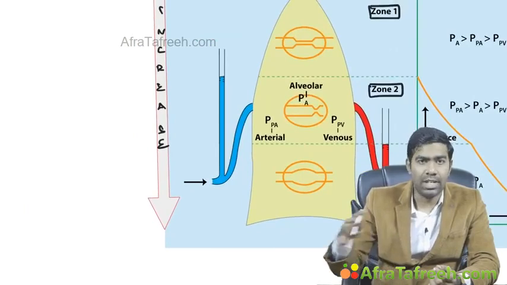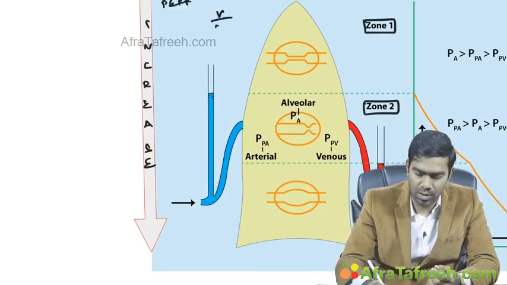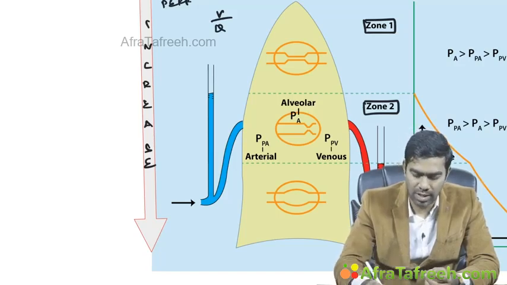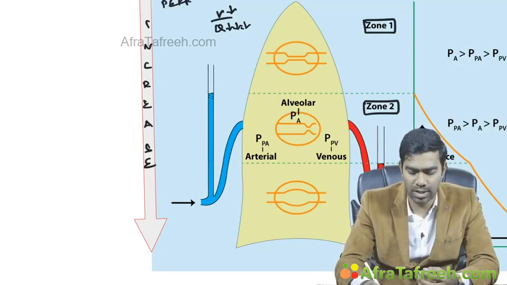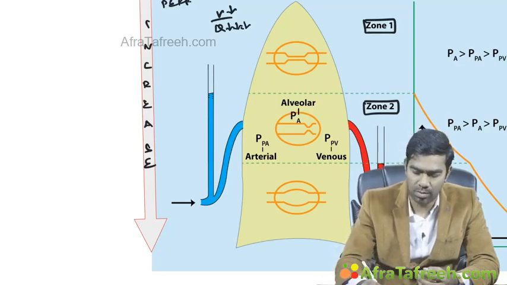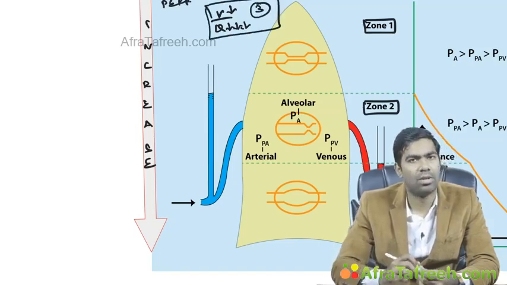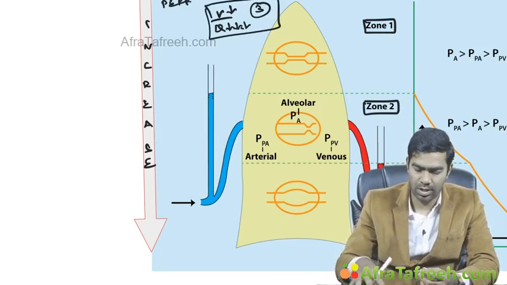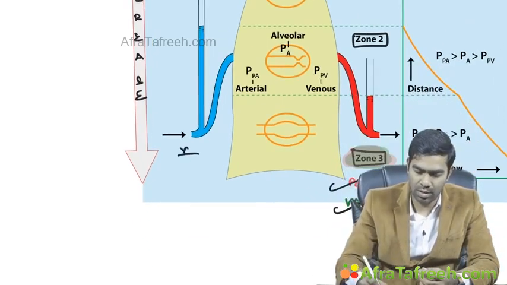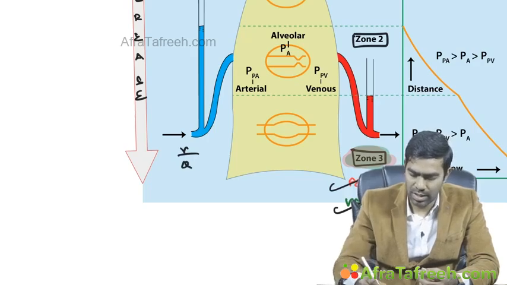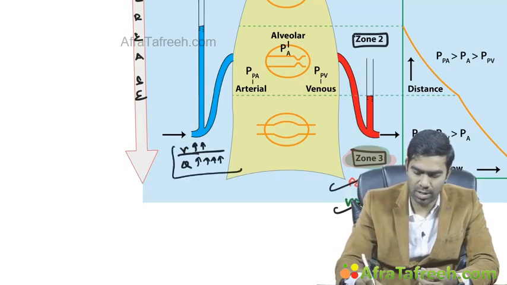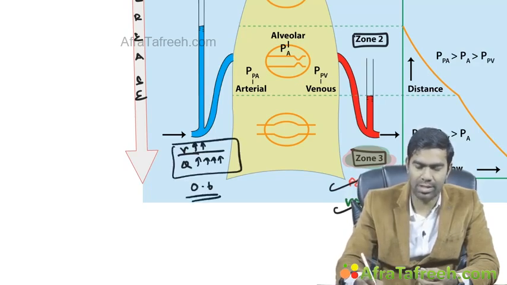Clear? But the VQ ratios are different. If you ask me the VQ ratio in zone 1, the ventilation is less, but the perfusion is too less in zone 1, making the VQ ratio approximately 3 here. It is different. The VQ ratio is actually more in zone 1. In zone 3, the ventilation is very high here, but the perfusion is too high here, making the VQ ratio 0.6.